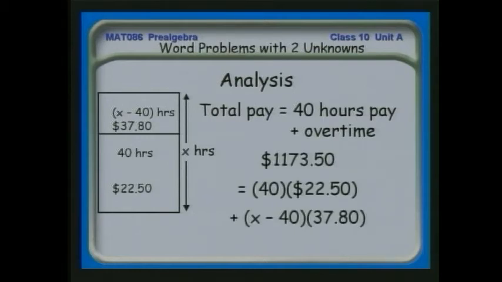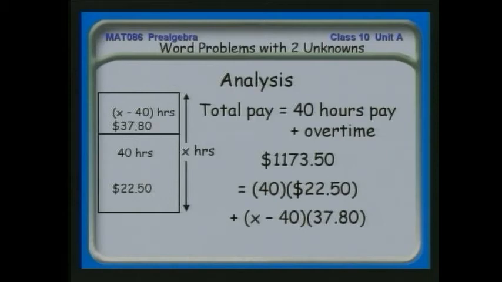Let's write that in that way. There's the total she got, the 40 hours times the $22.25 an hour, the hourly rate for the up to 40 hours. Then we add in the number of hours, x minus 40, she worked beyond the 40 hours, times the rate for that overtime. Now we have an equation we can solve.